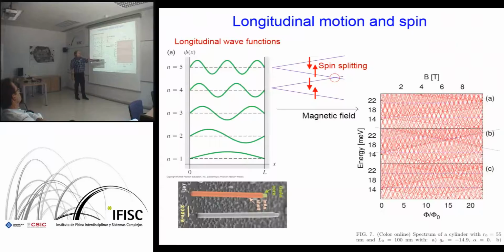Now, if we look at the energy spectrum that we obtained for the finite length nanowire, it's complicated versus magnetic field or versus the magnetic flux. But you see traces of the bands corresponding to various longitudinal modes.